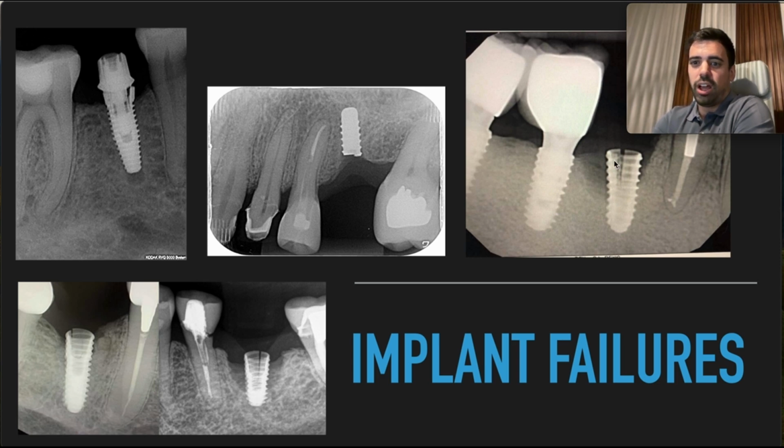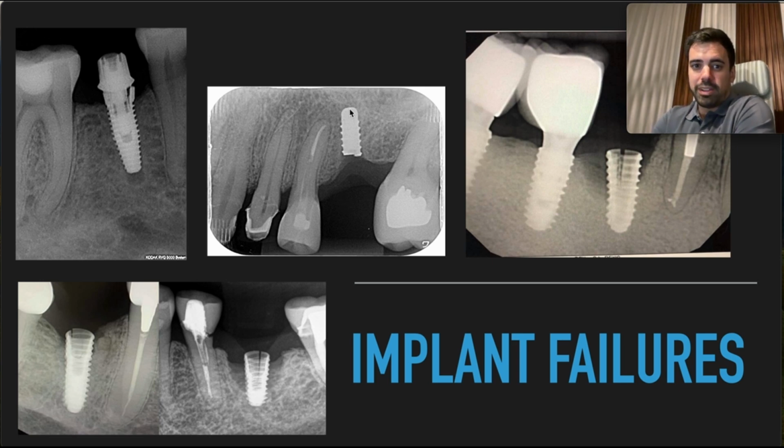You can also have vertical fractures to the very end of the implant, and they come with some bone loss. But these cases are not as difficult to treat, because at the end of the day, more than 60% of the implant is not covered by bone anymore, because you get secondary peri-implantitis on those implants.